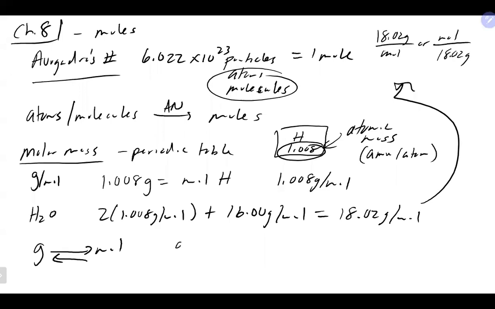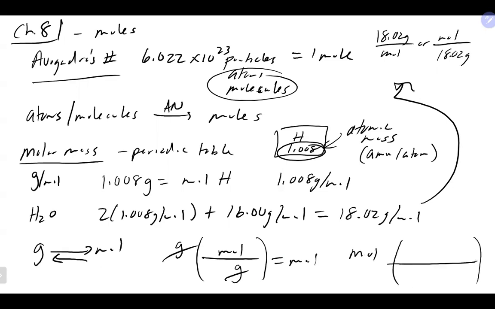If you have grams, you would divide by the molar mass so that the grams cancel and you end up with moles. Or if you're starting with moles and you want grams, you would multiply by the molar mass, where the moles would cancel and that would leave you grams. So those are really important.